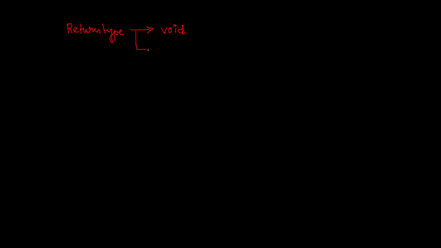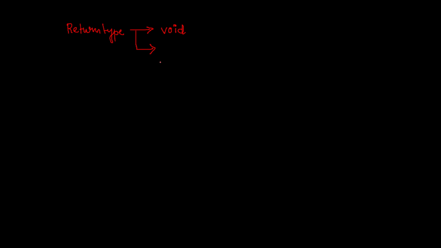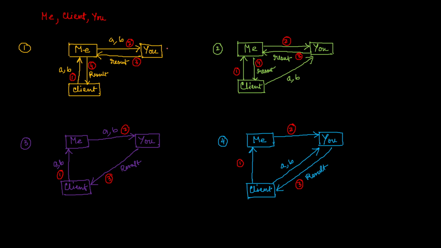If you return something to me, for example under case number 1 and case number 2, then we have to decide what type of value you are returning. For example, if I consider in this particular case that we are considering two numbers which are integers, then I can easily say that the data type of A and B is int. So naturally the result will also be int.